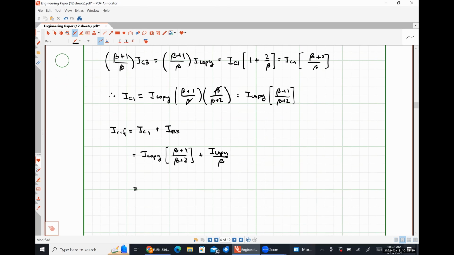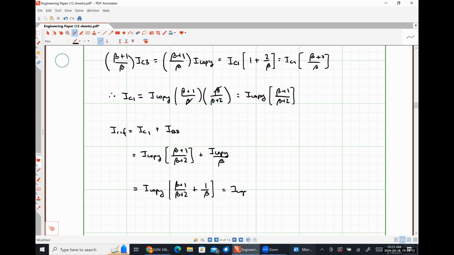And so now we're just going to do a little bit of algebra to clean this thing up. So how am I going to make this less gross?